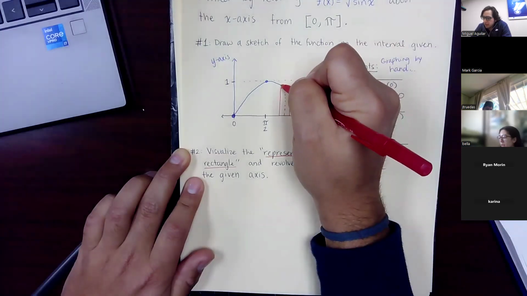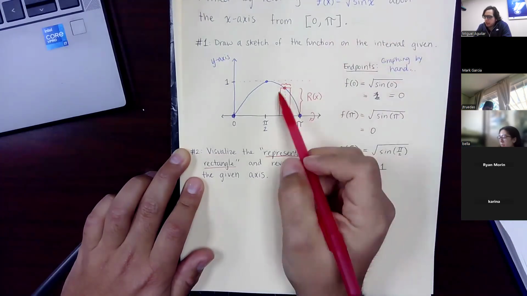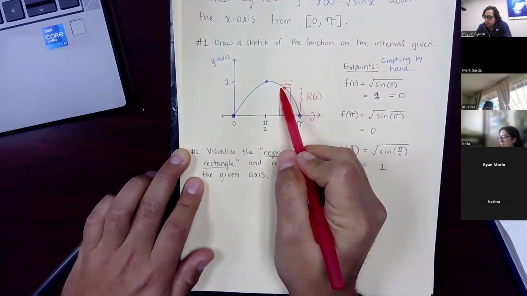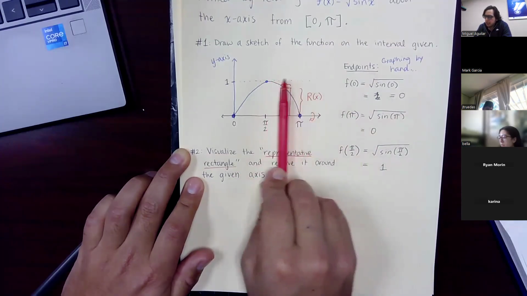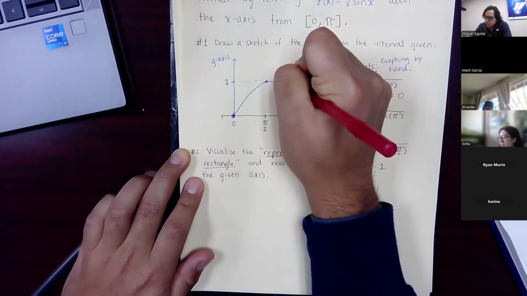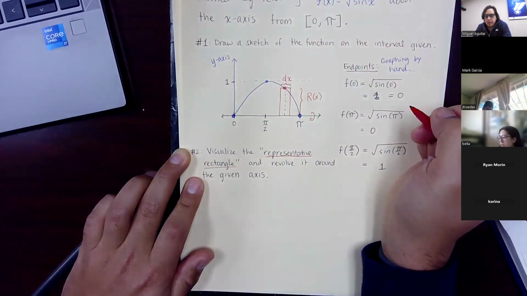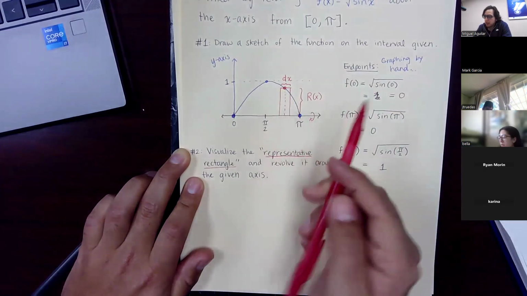And then the thickness or the width of this rectangle, measured from left to right, is what we call dx. And it's dx because we're going in the x direction there.